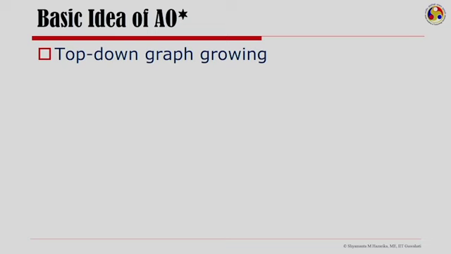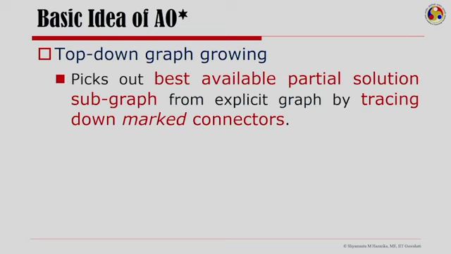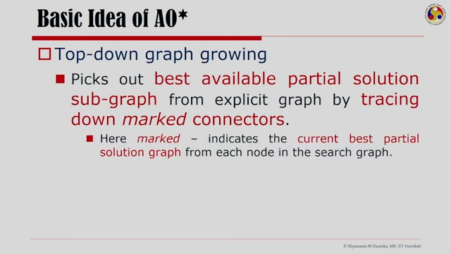We have the top down graph growing. So, we pick up the best available partial solution subgraph by tracing down marked connectors, and here I refer to marked connectors as those which indicate the current best partial solution from each node.